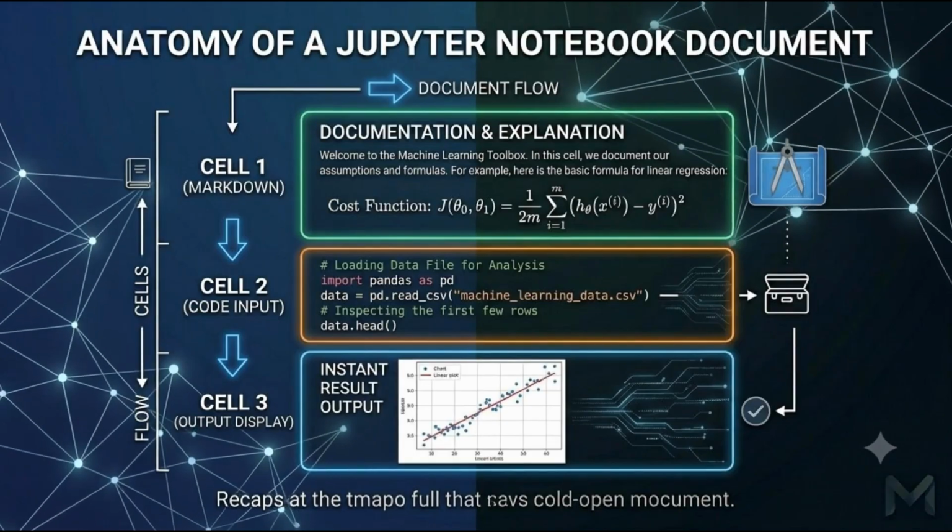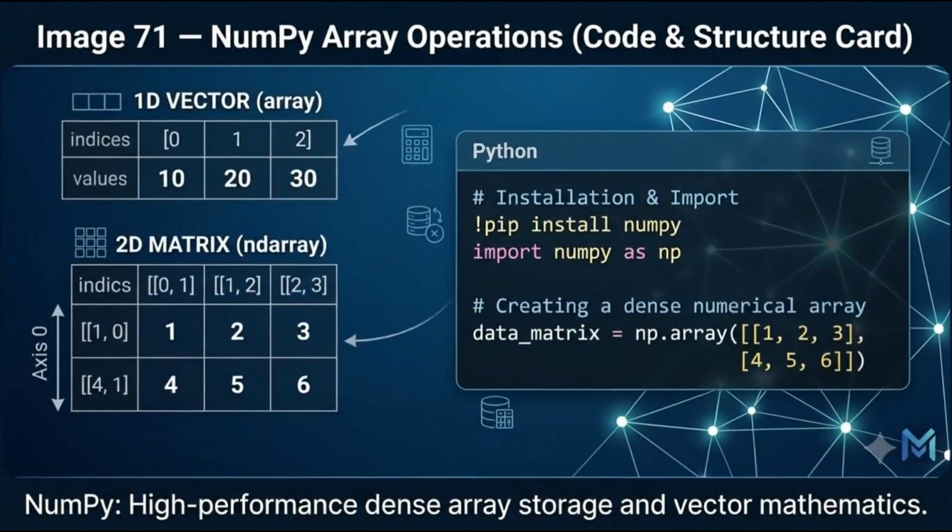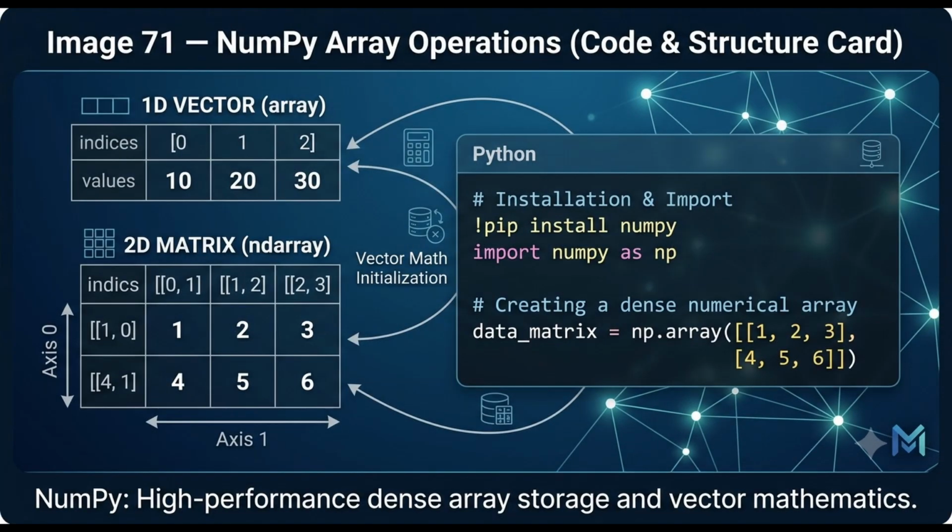NumPy and pandas, data storage and manipulation. With your notebook open, the first step in any machine learning pipeline is loading and preparing your data. This is where the twin titans of the Python data ecosystem come in, NumPy and pandas. NumPy, short for numerical Python, is the foundational engine that sits beneath almost every single data science tool in existence.